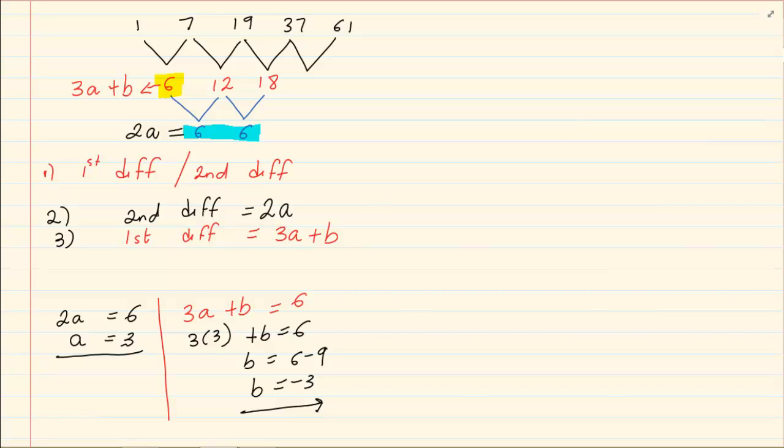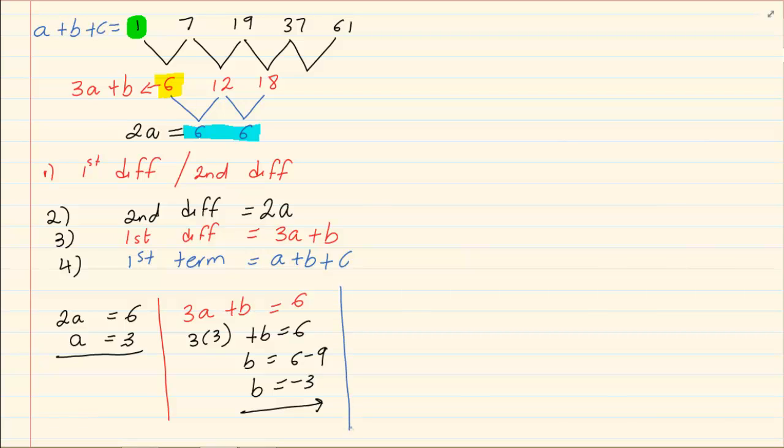Now once you have b, we are going to make the first term equal to a plus b plus c, which means I am going to take the first term and make it equal to a plus b plus c.